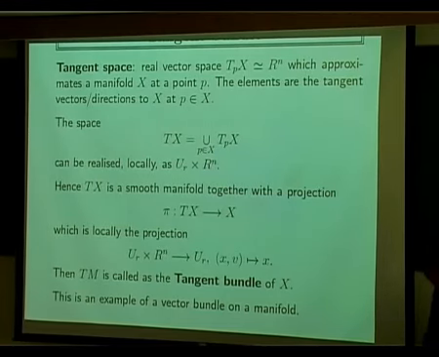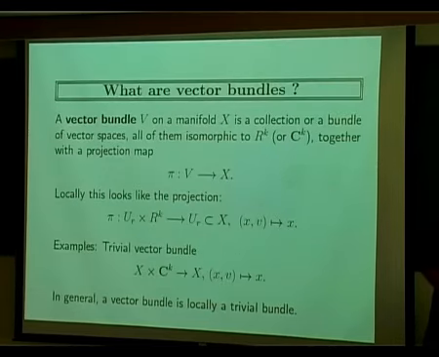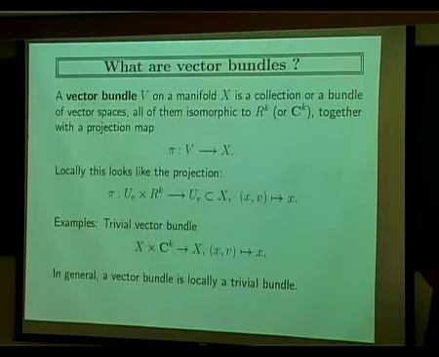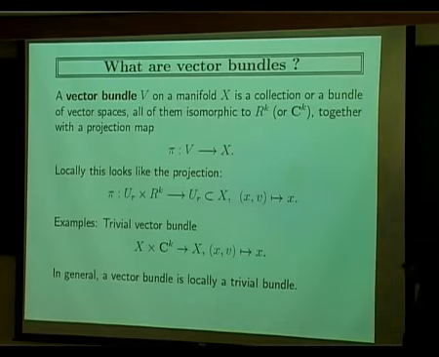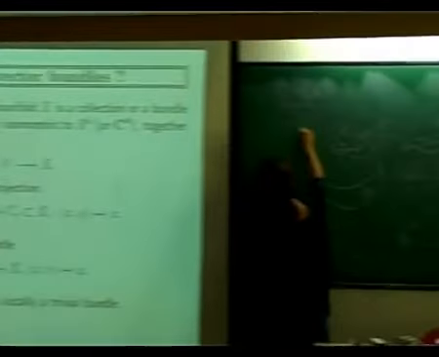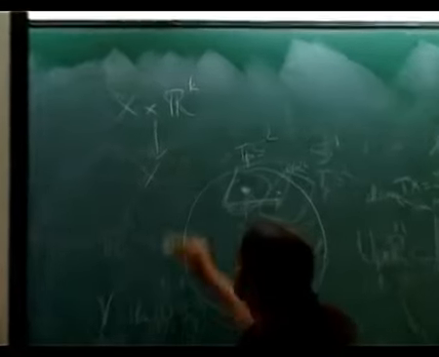So one can put it in a more formal way, and instead of your tangent spaces you can start with any vector space, right? I mean you have several vector spaces. For example, I can take any vector space Rk and take its product with X and consider the first projection.